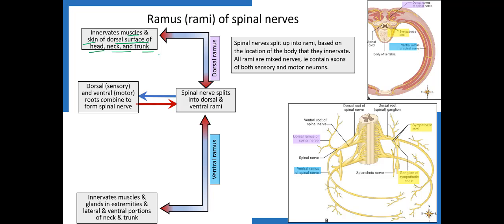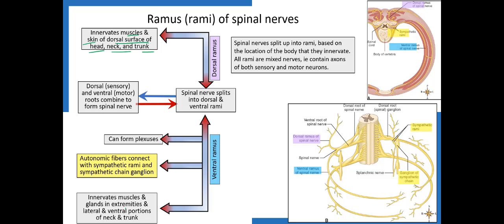And then the ventral ramus innervates everything in front of the spinal cord, which includes muscles, glands, lateral and ventral, so side and front portions of the neck and trunk. And we also have some autonomic fibers emerging from the ventral ramus. And the ventral ramus can also form those networks or plexus.